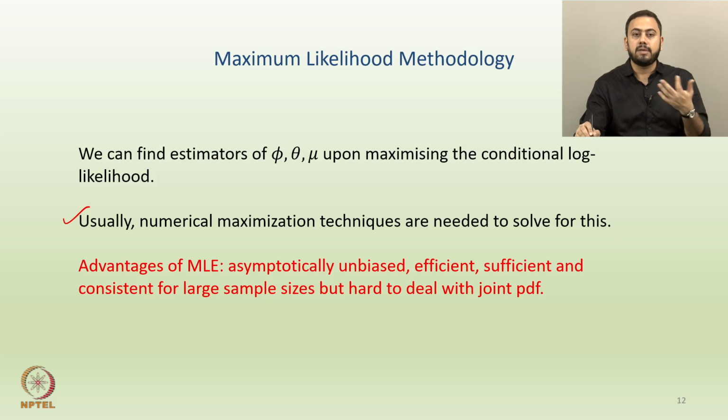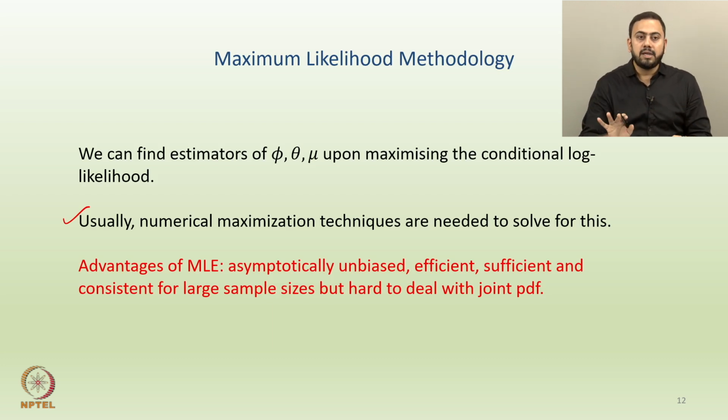So rather than maximizing these conditional log likelihood functions, or likelihood functions in general, using pen and paper or even some basic code in a software, one has to apply numerical maximization techniques such as Newton-Raphson or something similar.